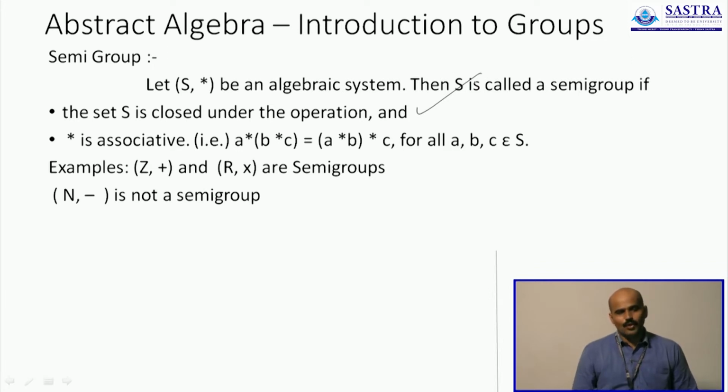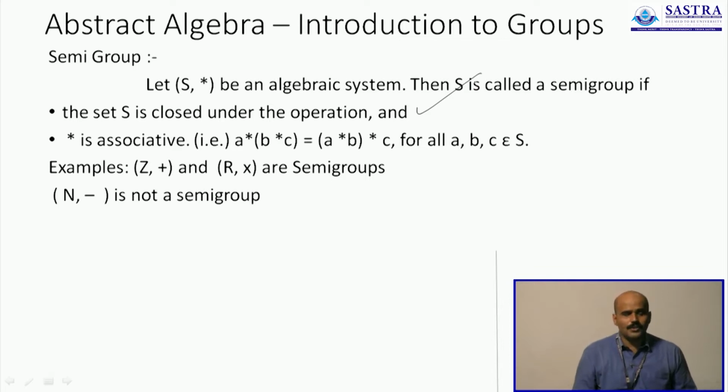When we take 2 operands and complete the operation, the result of the operation should be contained within the same set. It cannot exist outside the set. If it goes outside the set it is not said to be closed, and therefore it does not follow the closure property. So the first condition for an algebraic system to become a semi group is that it has to be closed under the binary operation.